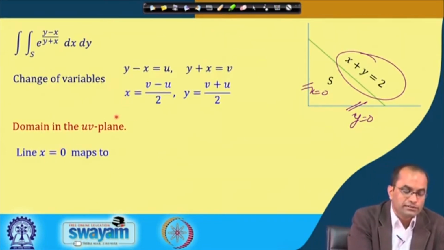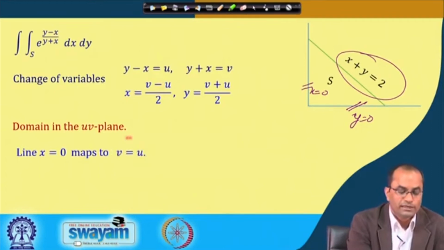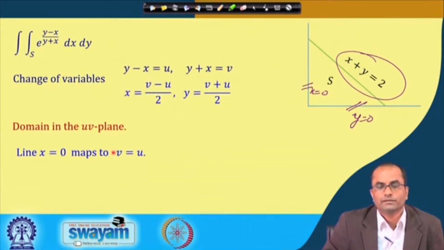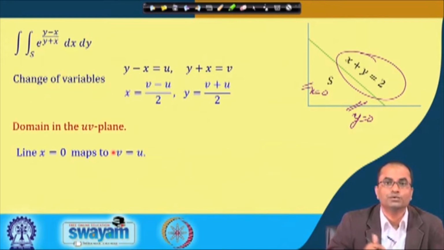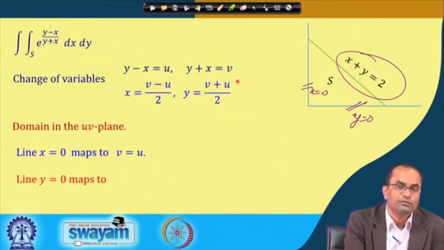So, this line x is equal to 0, what it implies here, x is equal to 0 implies v is equal to u. So, we got one relation in v and u, which will give us the boundaries of the new region. And the line y is equal to 0 will give v is equal to minus u.